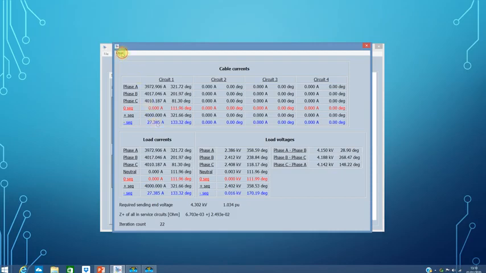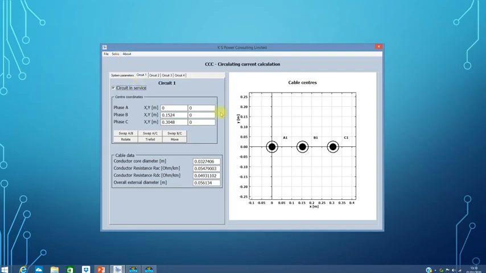Now I can demonstrate this because I could convert this flat arrangement to a trefoil arrangement with the same spacing between the conductors. So let's do that.